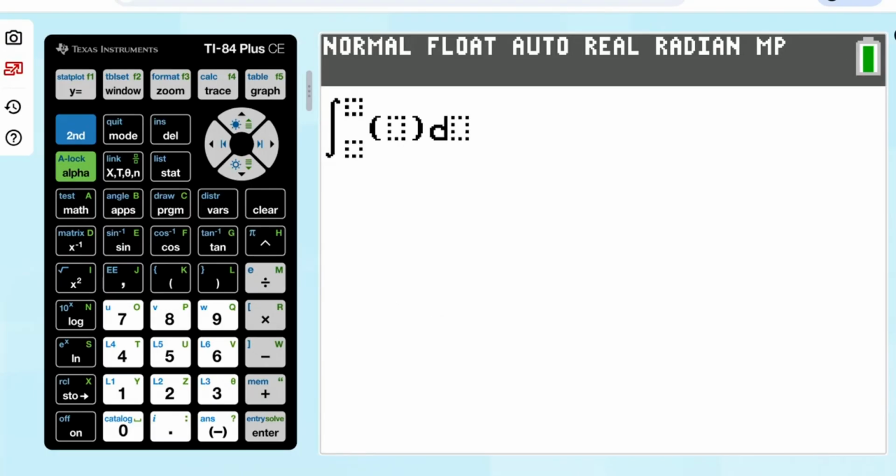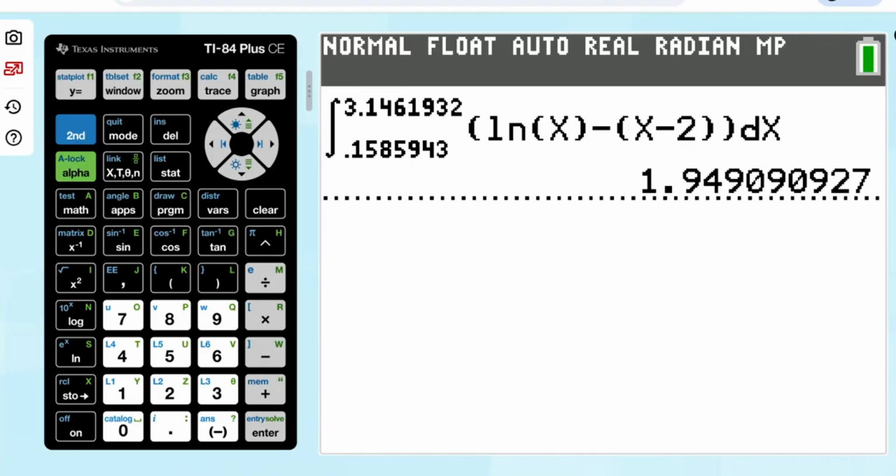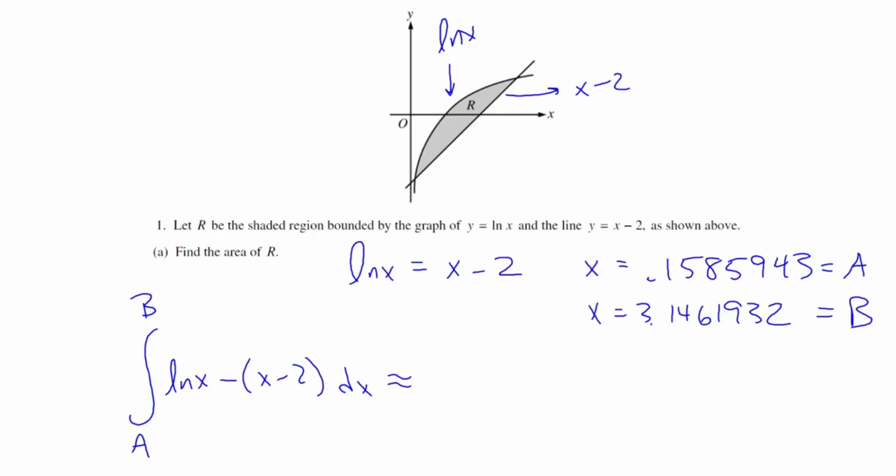And our limits here were 0.1585943 and 3.1461932. And we're just integrating natural log of x minus the quantity x minus 2 dx. And it looks like we get 1.949.